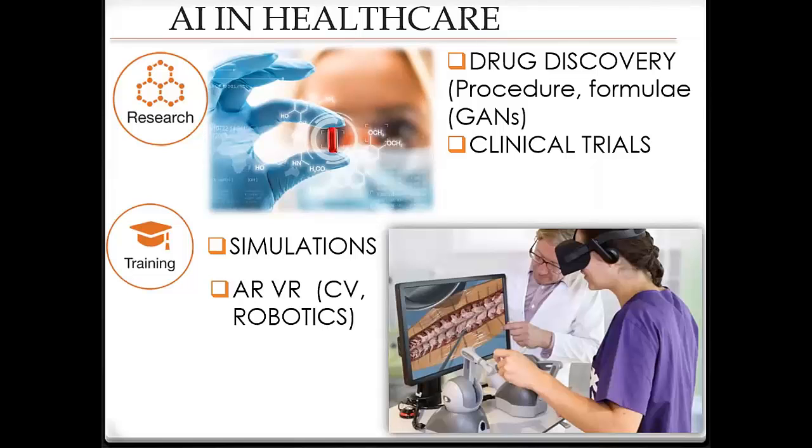So this is why we are also using machine learning. And also we are using AI for simulations, of medical diagnosis, and also robotics. Augmented reality, virtual reality, all these are very much used, and computer vision.